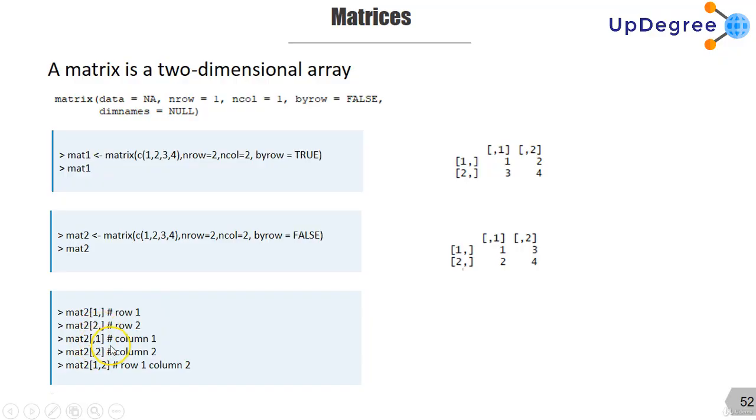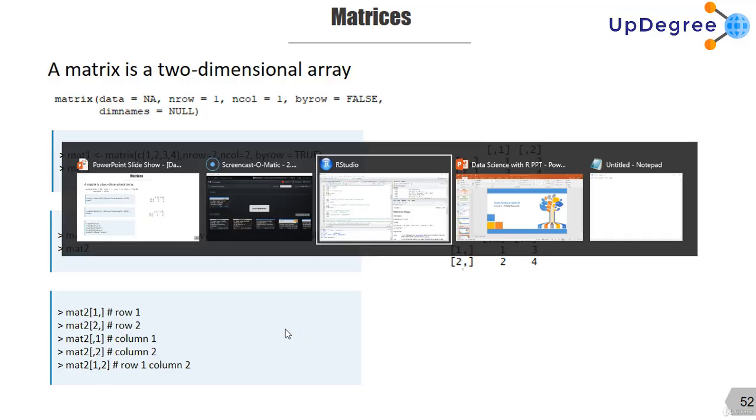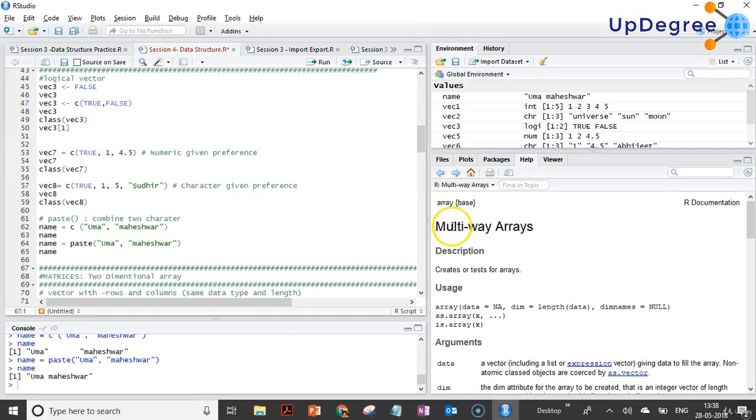Then, for the first column, as I said, row comma column, I haven't written anything in the row, so it would give me all the rows, and only the first column. Similarly, it would give me all the rows, but only the second column. So let's see it in the demo itself to understand it properly.